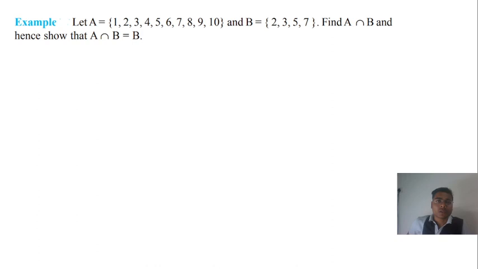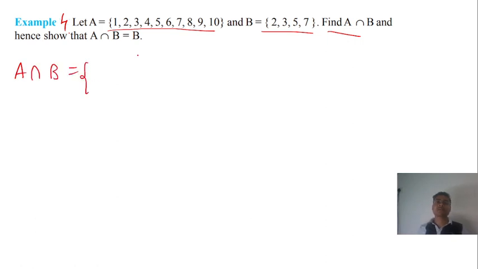Coming to our next example, what is the serial number? The serial number is 4. A is the set 1, 2, 3, 4, 5, 6, 7, 8, 9, 10, and B is the set 2, 3, 5, 7. We will have to find A intersection B. To find A intersection B, you will find the common elements between A and B. So what are the common elements? 2, so you write 2. 3, so we write 3. We find 5.